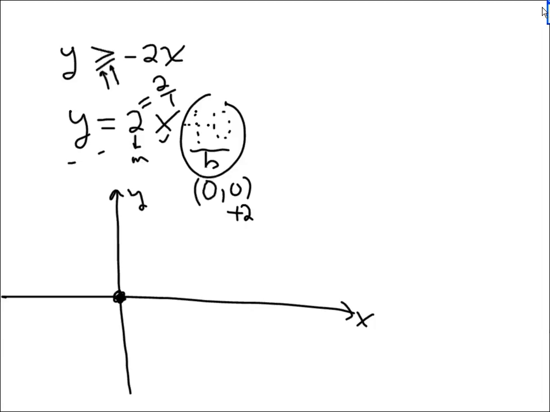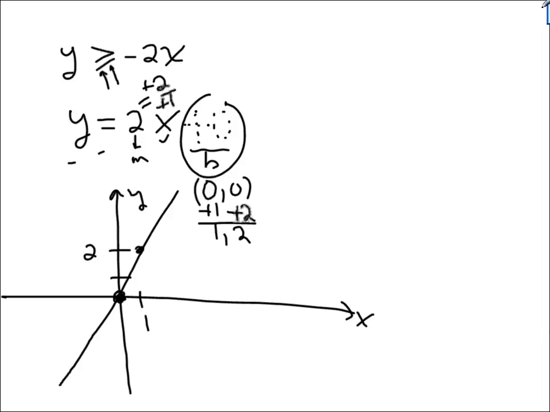That is, you add 2 to the y, and you add 1 to the x, and you get another point. You get the point 1, 2. So there's another point. And since it does say equal, I draw a solid line. And now I need to decide which half to shade in.